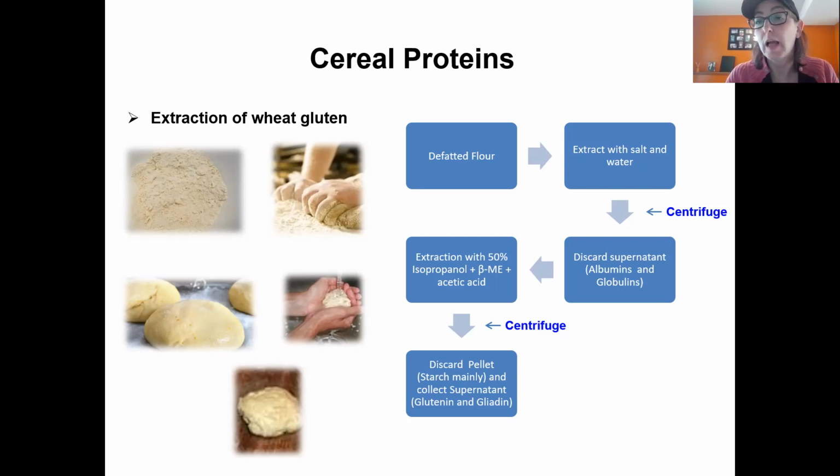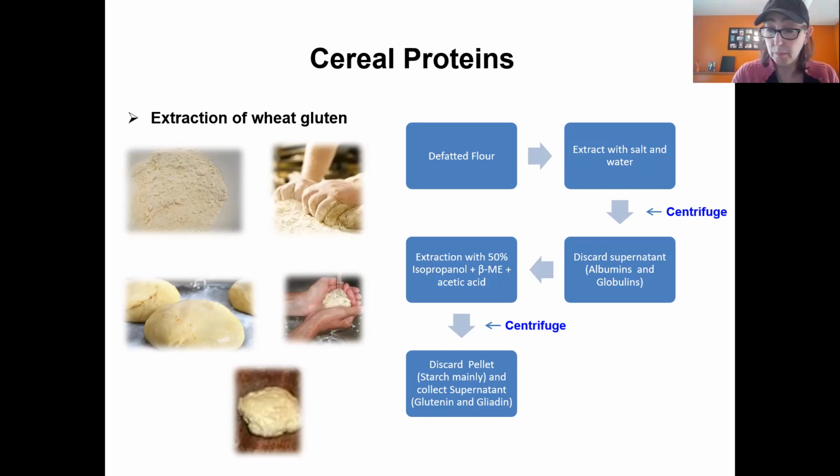You can remove the albumins and the globulins. And you centrifuge, and the supernatant is the albumin and the globulin, and then the precipitate has whatever residual fiber, starch, and protein.